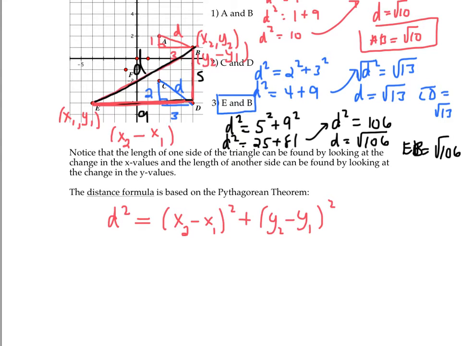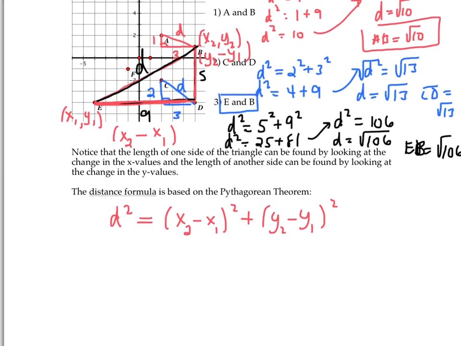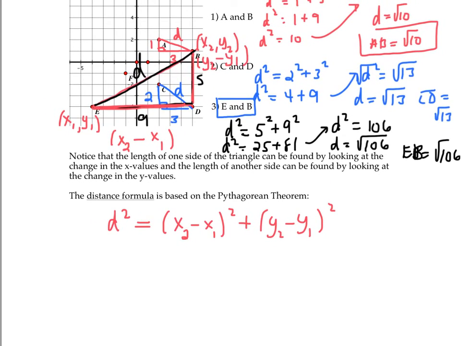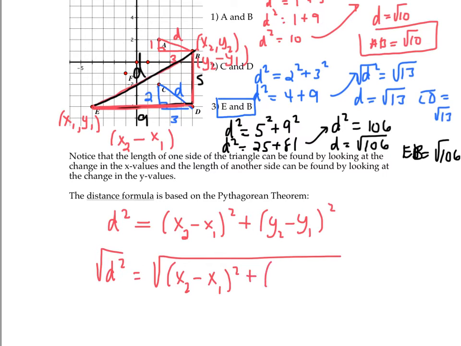Okay, so to solve for the distance d, we need to take the square root of both sides. So when we do that, the square root of d squared equals the square root of all of this on the right-hand side. So it'd be the square root of x2 minus x1 quantity squared plus y2 minus y1 quantity squared.